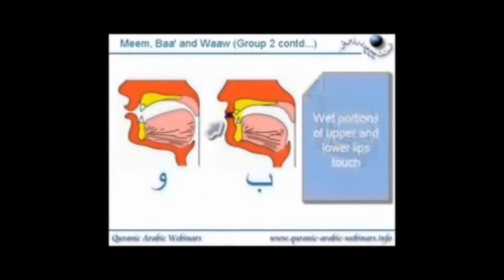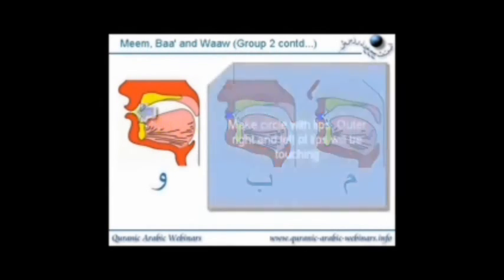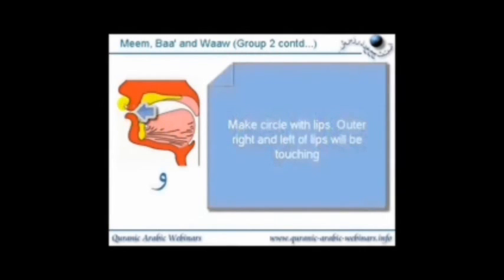When you say Ba, your lips come together, but it's the wet portion or the inner parts of your lips that actually touch. So say Ba. And when you say Waw, you make a small circle with your lips, and it's only the two outer right and left parts of your lips that are actually touching. So say Waw.